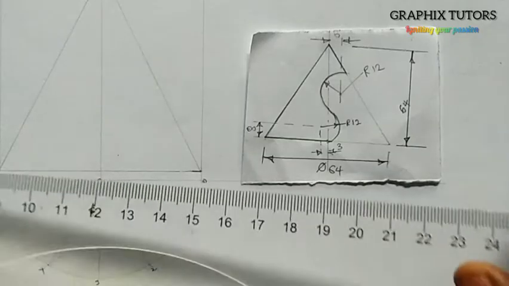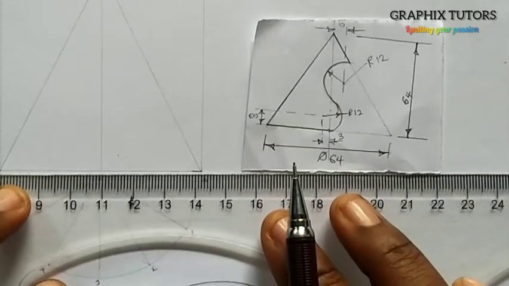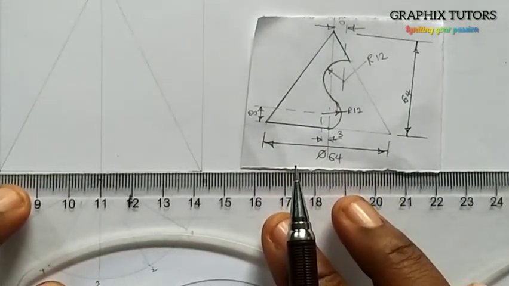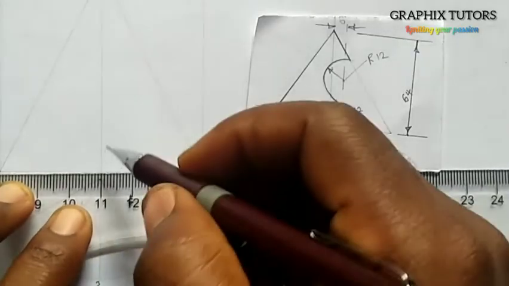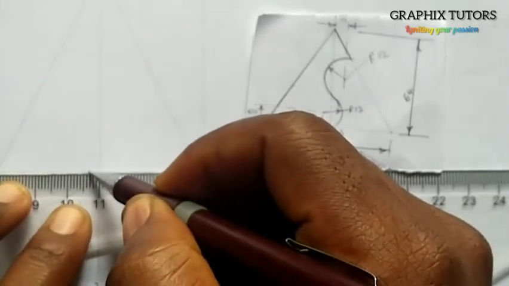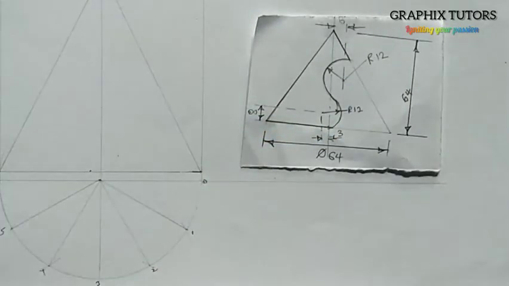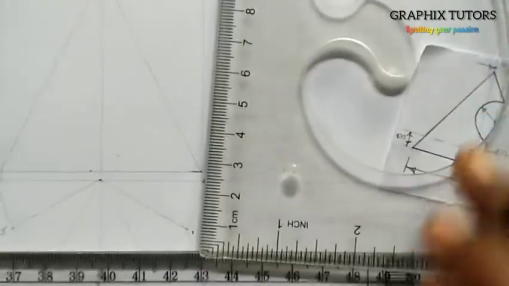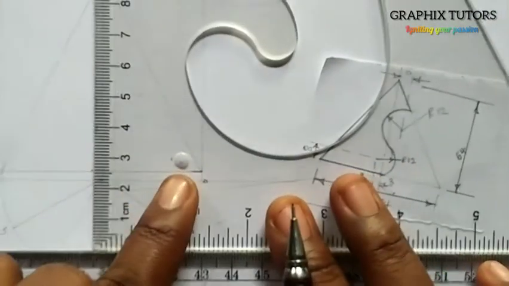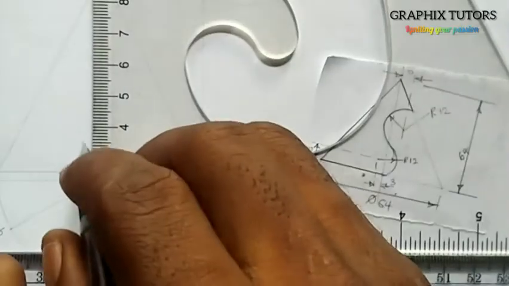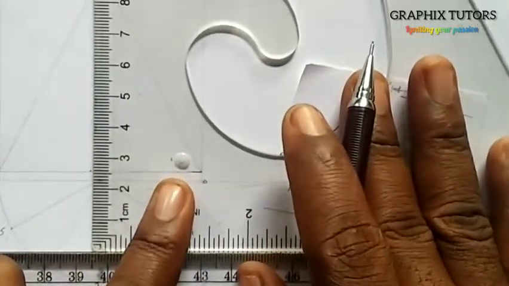With the help of my rule, I'll place it here. I'm going to measure this 0, this is 1, this is 2, and this 3 here. This is my 3 here, right? And I will use my set square and T-square to rotate this point upward a little bit, like this. I'll rotate it here like this.